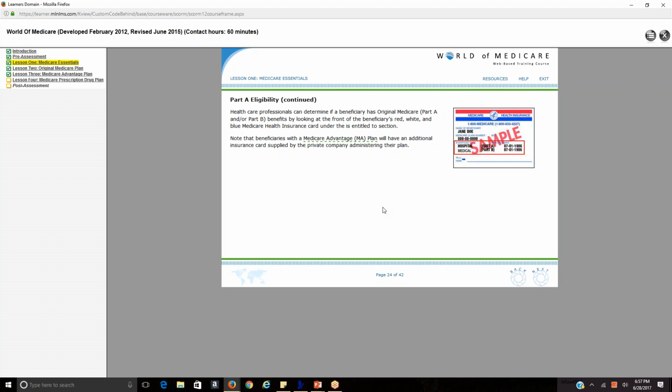So from a billing standpoint, this is what you need to know about these red, white, and blue cards. Make sure that starting in 2018, you get new Medicare cards on all of your patients.